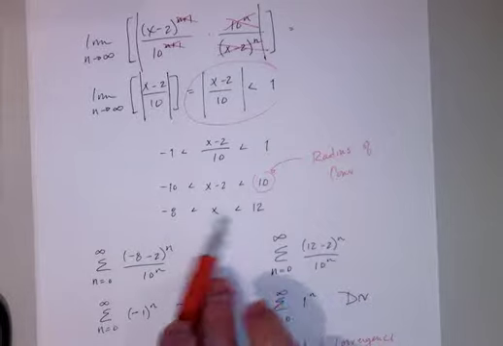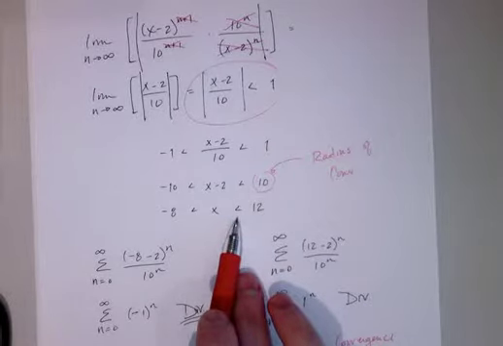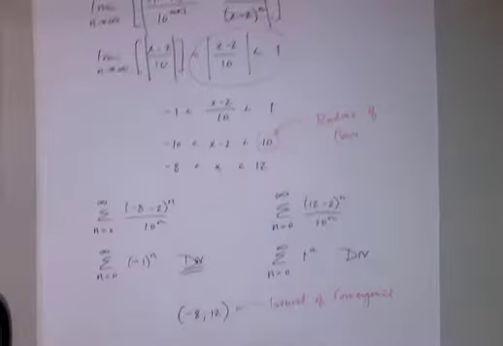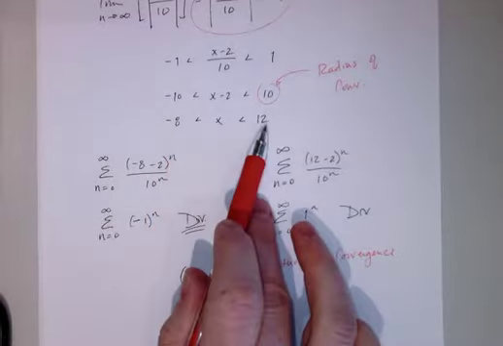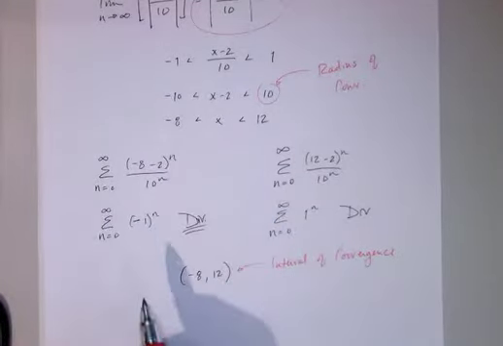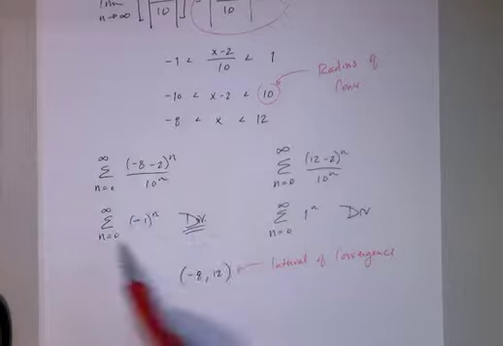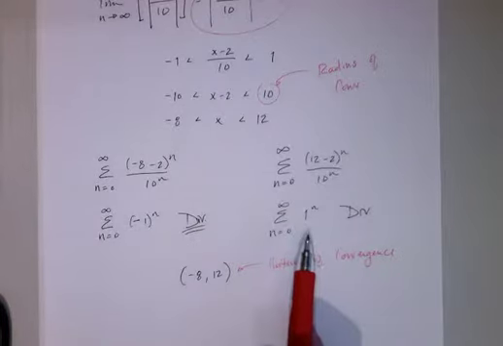We get down here to a first rudimentary interval, and then to finalize our answer for the actual interval of convergence, I need to test both of the endpoints by plugging them back into the original power series for x and checking the numerical series that they give us.